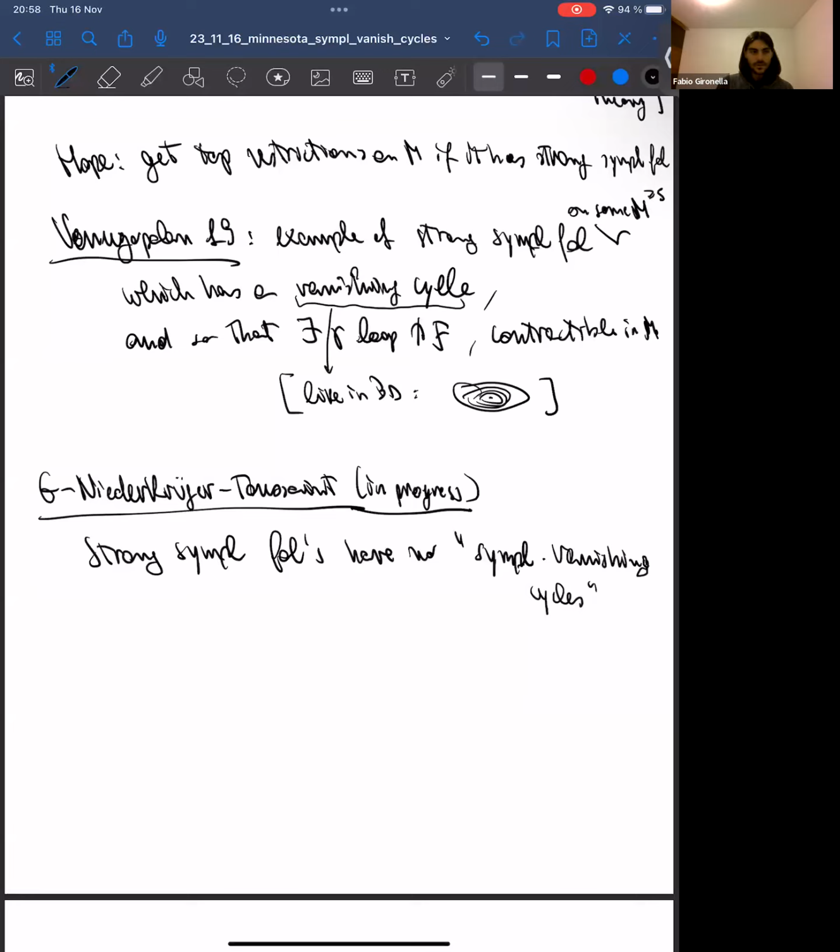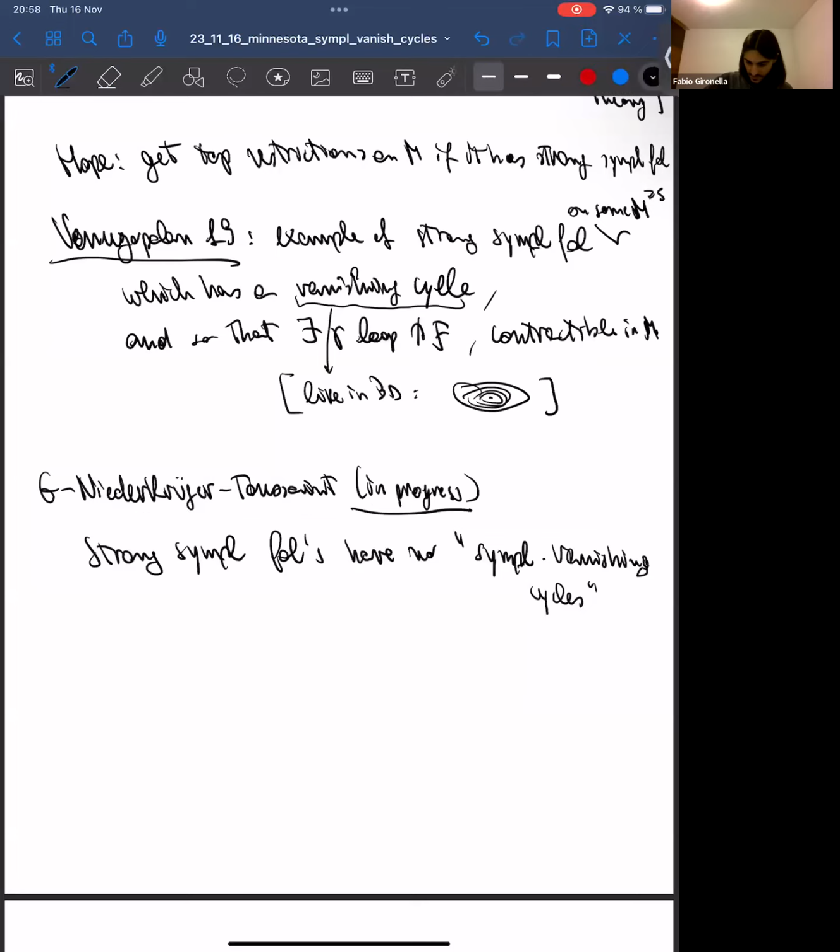We don't have any result in that direction; we are still trying to figure this out. But this is the idea: there's no obvious Novikov theorem in high dimensions, no obvious generalization, but there maybe is if you look at the right object, at the right topological properties of M.